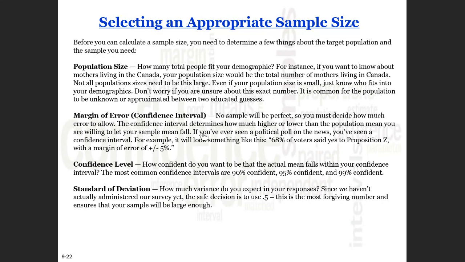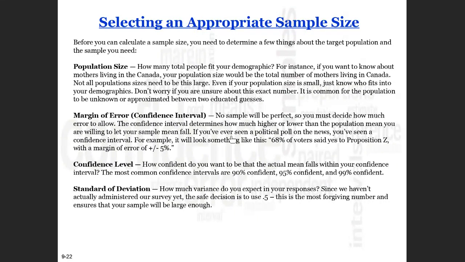The margin of error, your confidence interval, what we talked about. Obviously, no sample can be perfect, so you must decide how much error to allow. The confidence interval determines how much higher or lower than the population mean you are willing to let your sample mean fall.